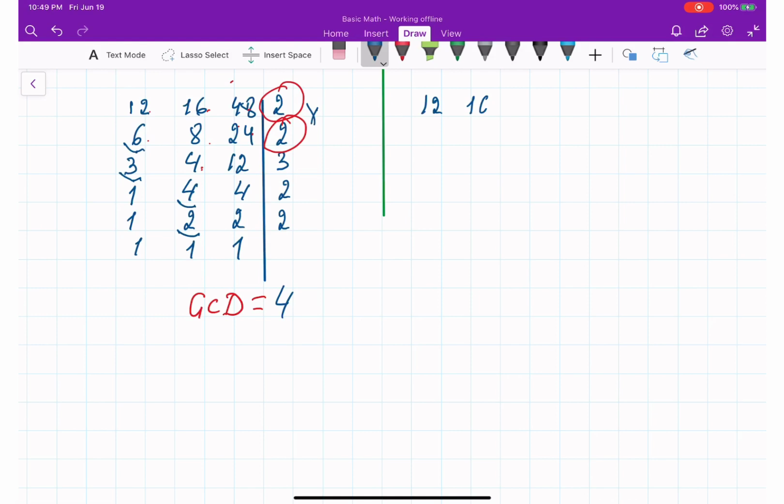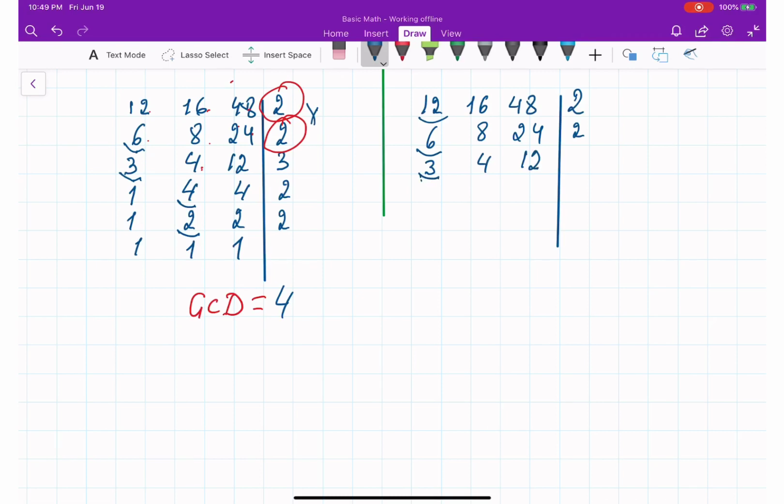Now for the same numbers, 12, 16, and 48, let's find least common multiple. Dividing by 2 again. 6, 8, 24, first number, and then 6 divided by 2, I'm getting 3, 4, 12.